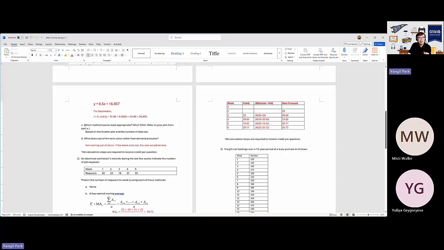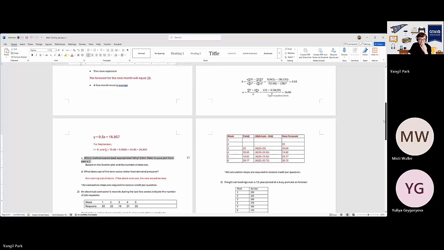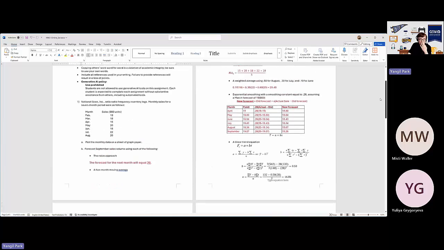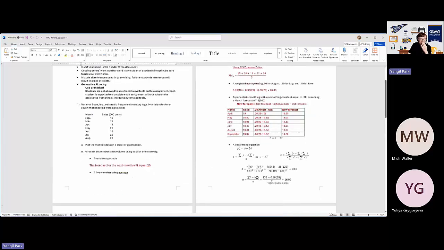And question C is asking, so going through all those methods, which method is least appropriate? May not be really consistent. So you look at those numbers again. We are looking at only 7 or 8 periods, which is very short.